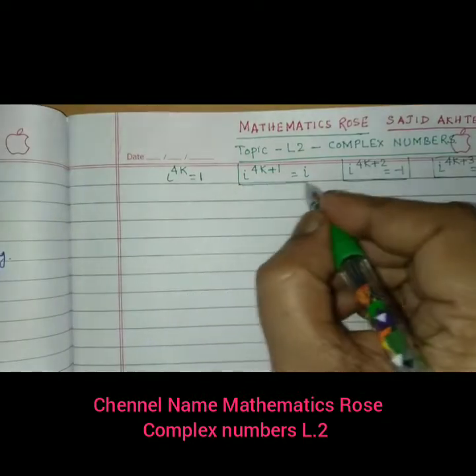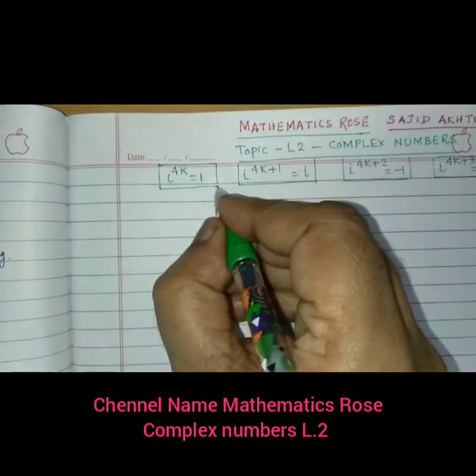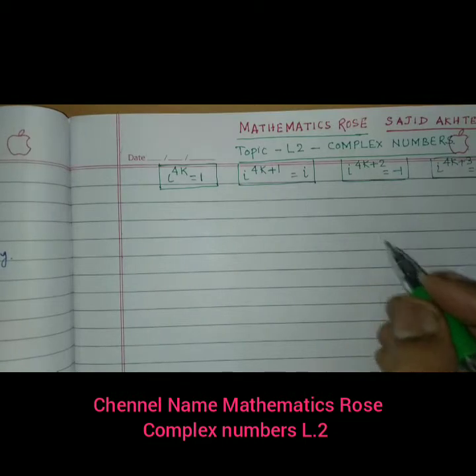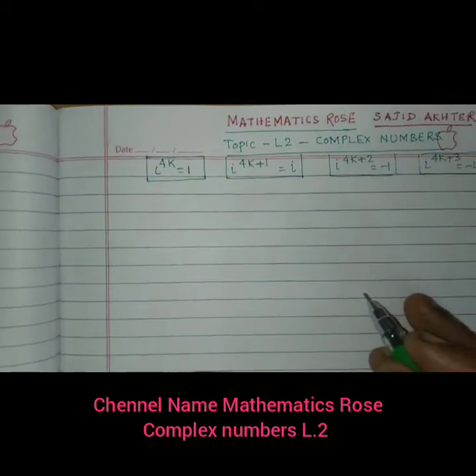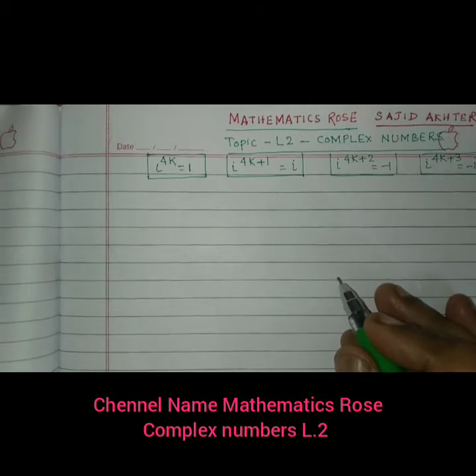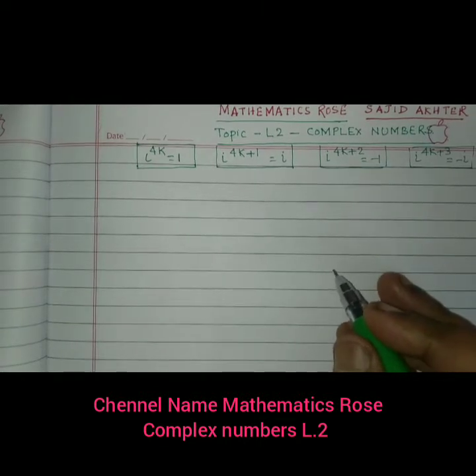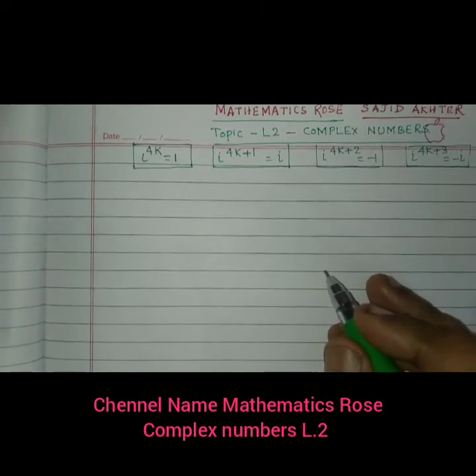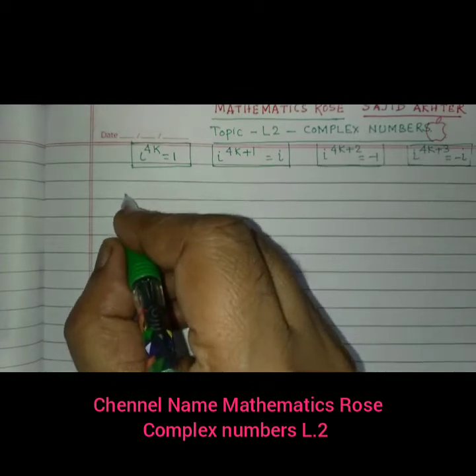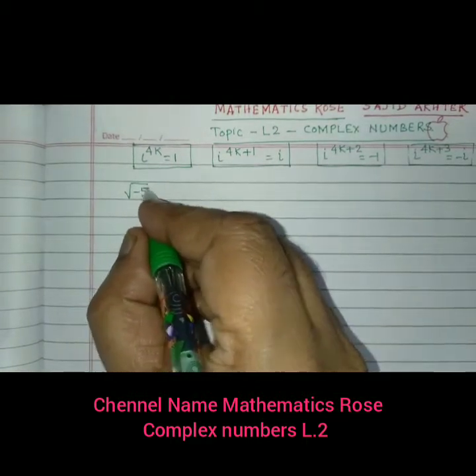Now I have given more emphasis to what an imaginary number is. I have already told in the earlier video that any real number multiplied by the fundamental imaginary number, that is the number iota, which was invented by Euler, gives the imaginary number. So suppose I am going to write root under minus 5.